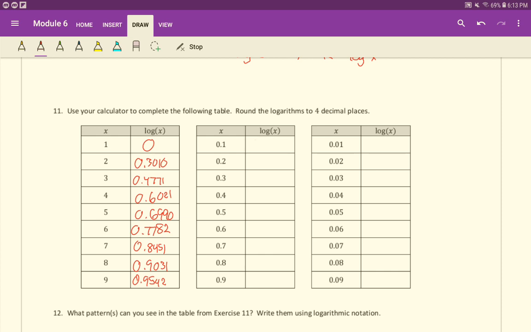Okay, filling in the rest of the table here then. It will be log of x, and then okay, there we go. This will be better.